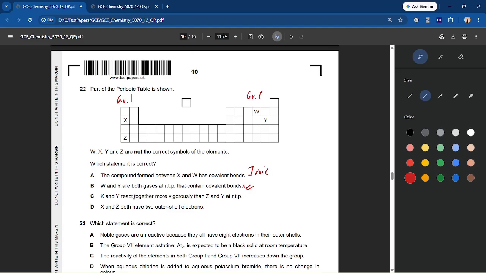X and Y react together more vigorously than Z and Y at room temperature and pressure. That's not true. Z reacts more vigorously. X and Z both have 2 outer shell electrons. That's not true because it's group 1, so they only have 1 outer shell electron. So by process of elimination, our answer is going to be B.